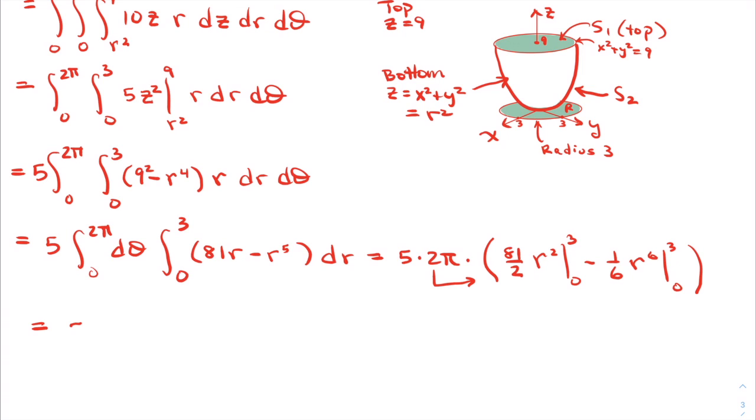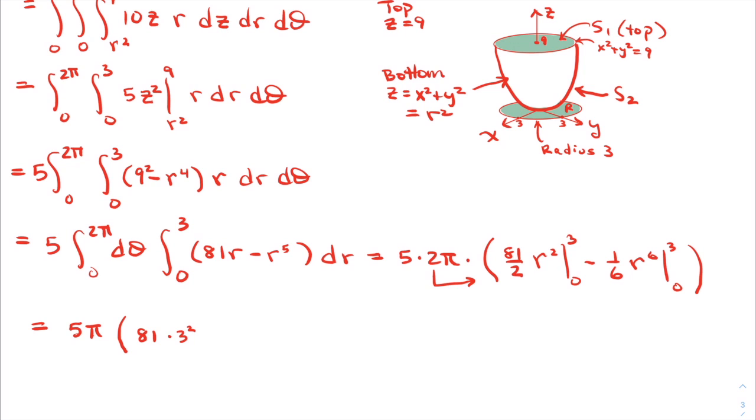So if you look at it this way, we're going to have a 5 pi out front. And inside, you're going to have the 81. There's just going to be 3 squared. So this will be 3 squared. I'm not going to multiply that out.